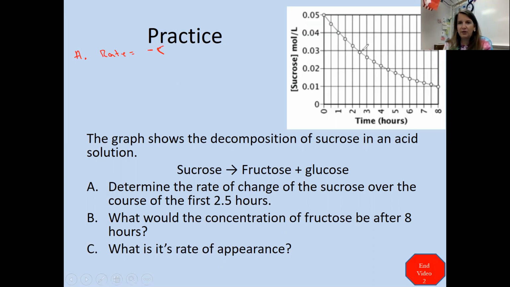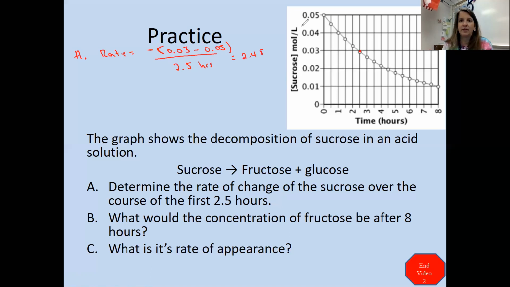So 2.5 hours, it's right here at about 0.03. And it started at about 0.05. And we have a time of 2.5 hours. So our answer here would be a rate of 2.48.